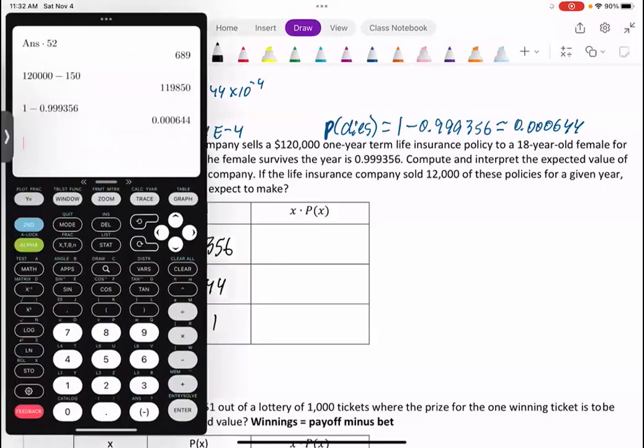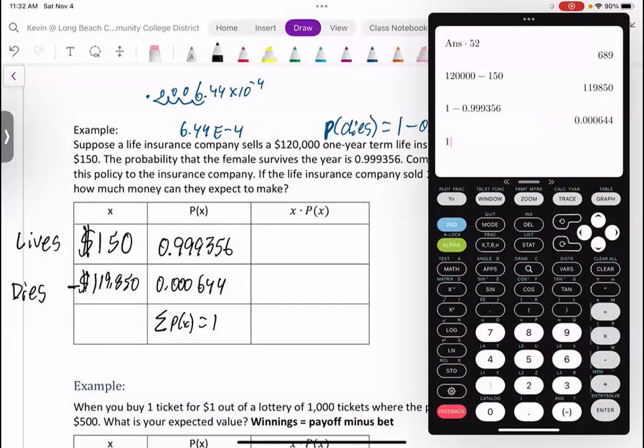I'm now going to multiply across. 150 times 0.999356 and negative 119,850 times 0.000644.